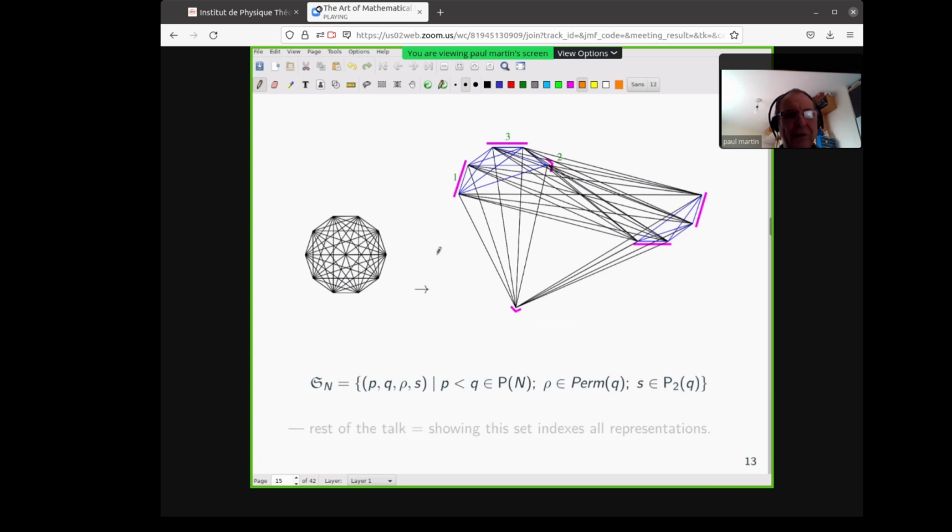So I need first to partition the vertices of my complete graph, and then, well, I'm going to have to give you a set of 4 tuples. This is what the replacement of Young's classification for the irreducibles of the symmetric group looks like for this harder problem.